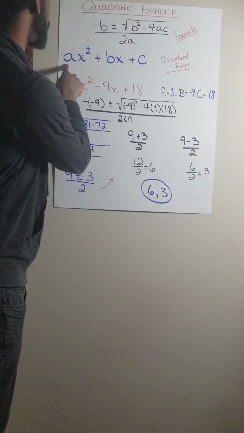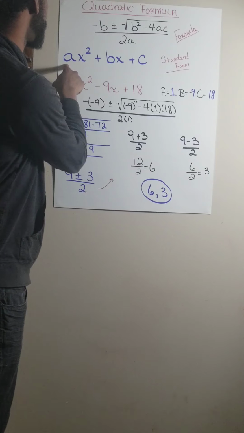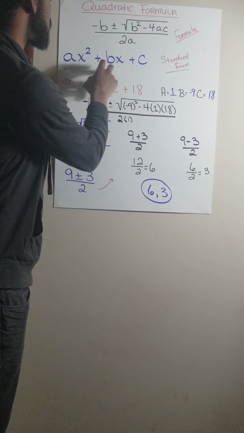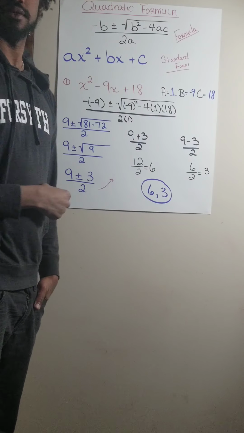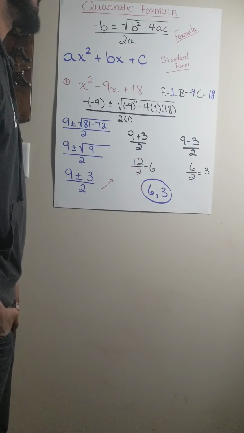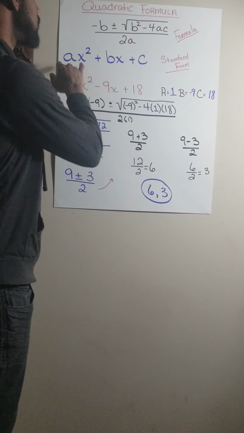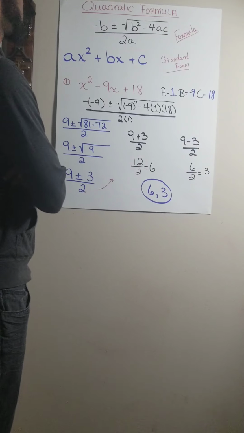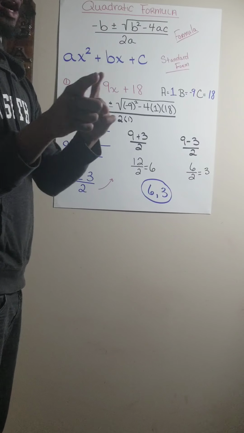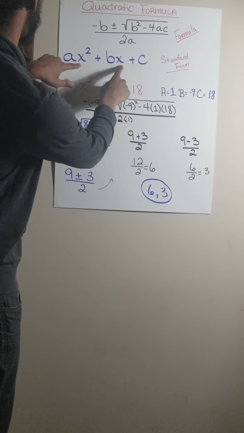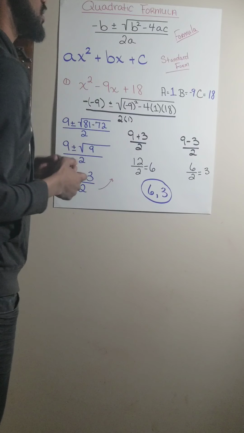So in our standard form, we have ax squared plus bx plus c. Now, what do you recognize in this standard form? I'm looking at my first two, x squared and x.